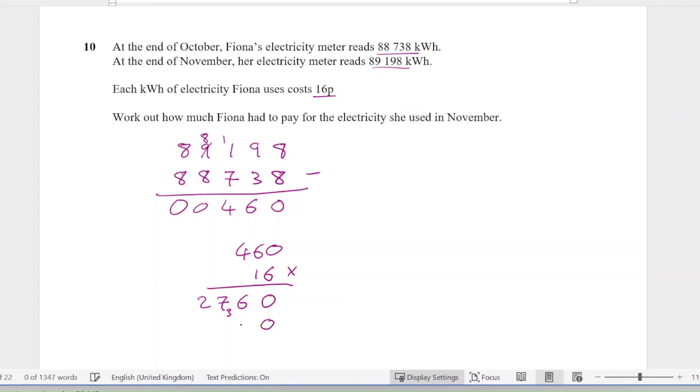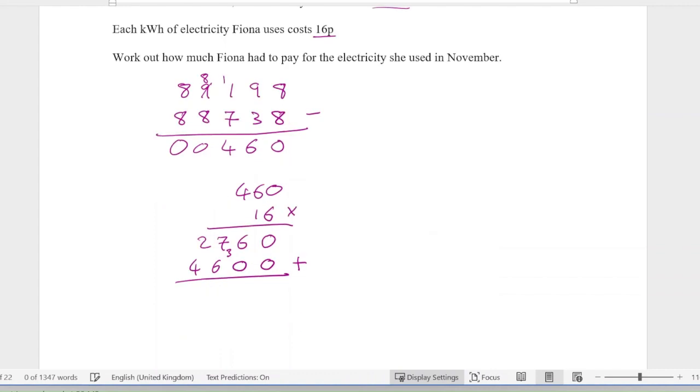Then 2 zeros need to be added because I'm multiplying by 10. So 1 times 0 is 0, 1 times 6 is 6, and 1 times 4 is 4. I then add those two numbers together. So 0 plus 0 is 0, 6 plus 0 is 6, 7 plus 3 is 13, so carry the 1. 2 plus 4 is 6, plus the other one is 7.